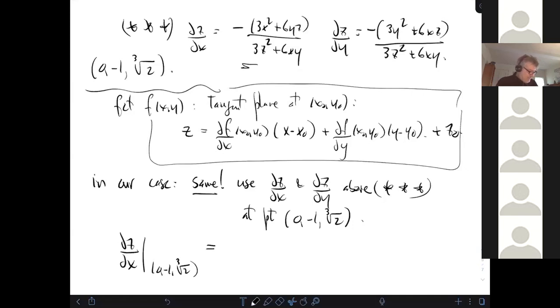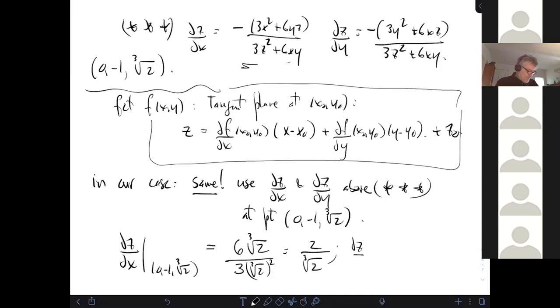I'm going to get minus, so this will be a plus, 6 cube root of 2 divided by 3 cube root of 2 squared, which is 2 over cube root of 2.